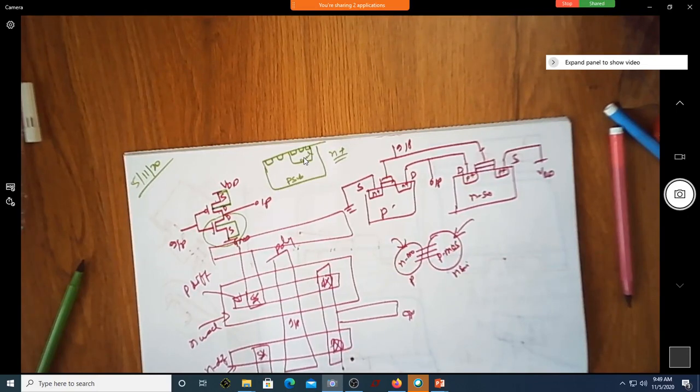A Schottky diode will be formed because of the difference in the energy band diagram levels.